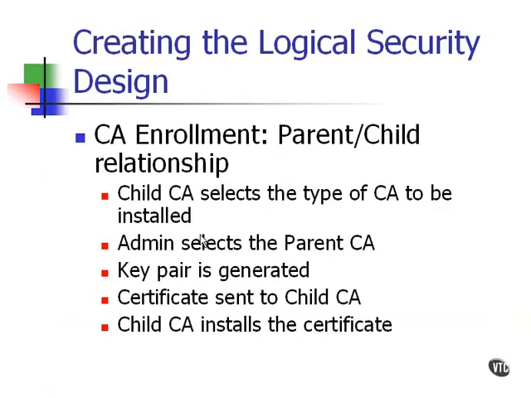A key pair for the CA certificate is going to be generated by the child certification authority, the one that will become that child certification authority. The parent then generates the CA certificate and sends it to the child, and then the child CA installs the certificate in its certificate store. That will enable it then to be a certification authority in the hierarchy.